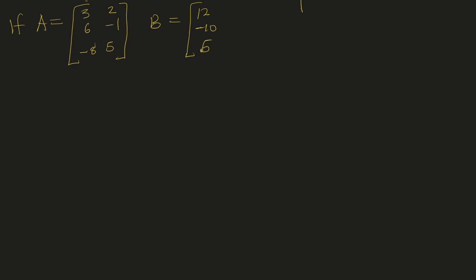If A is equal to 3, 6, minus 8, and 2, minus 1, 5, and B is equal to 12, minus 10, 5, 15, 0, and minus 8.